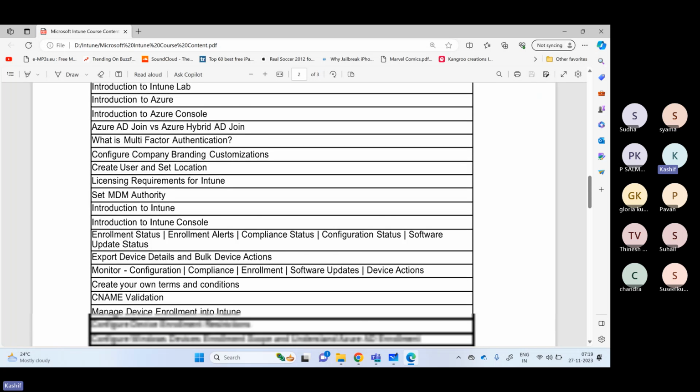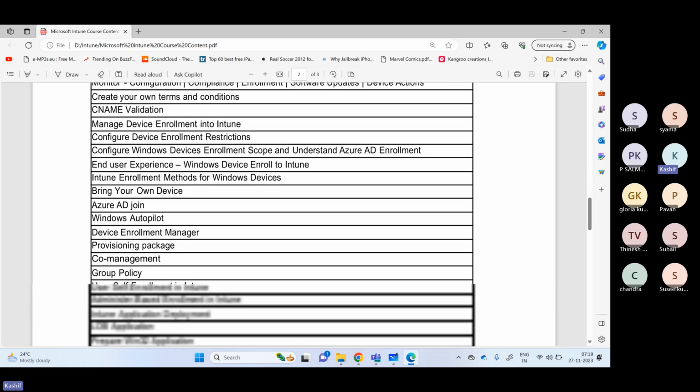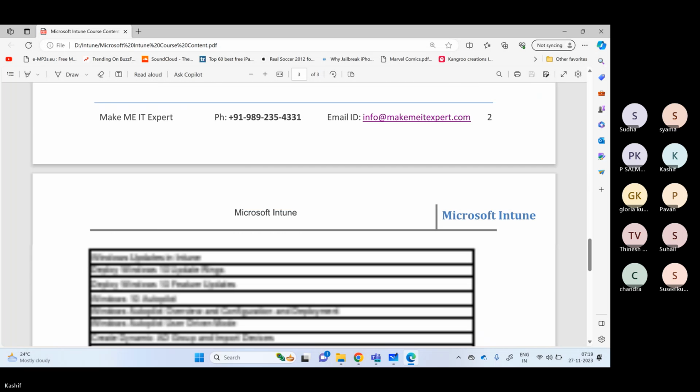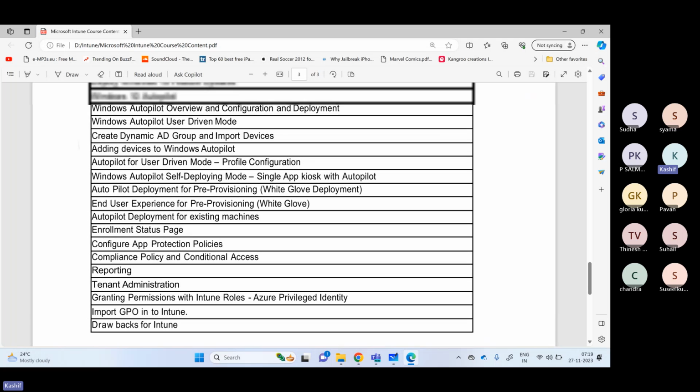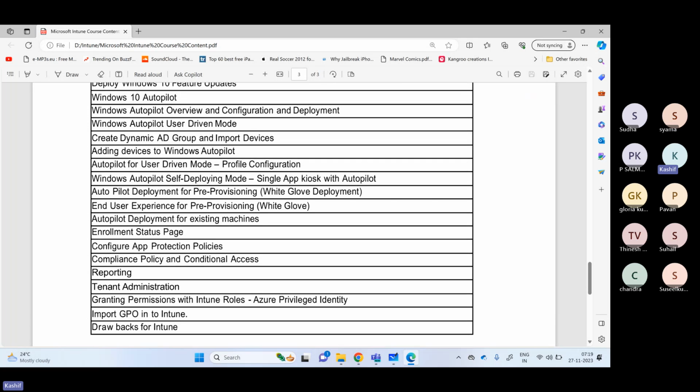Okay. There are various topics which are included in this course content. And this course content is basically as per the day-to-day job profile. When you join any company, what all things are needed in the organization. So generally this course content is aligned with the work profile plus the certification.